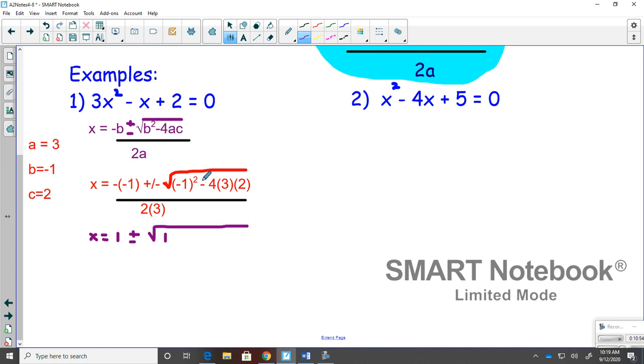Some people like to think of this like a negative sign, and some people want to bring it down as a minus. That is completely up to you. I'll just bring it down as a minus sign. And then my eyes need to be focused on these 3 numbers to multiply. So it's 4 times 3 times 2, and that's going to be a 24. And then the big division bar, and then 2 times 3 is 6.